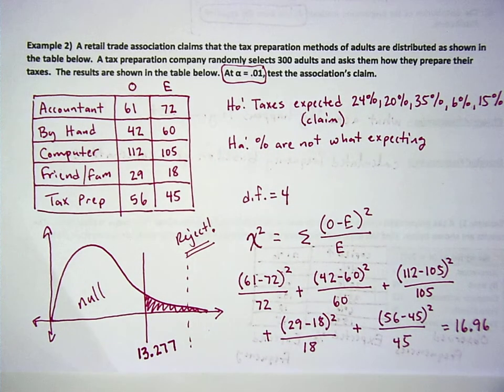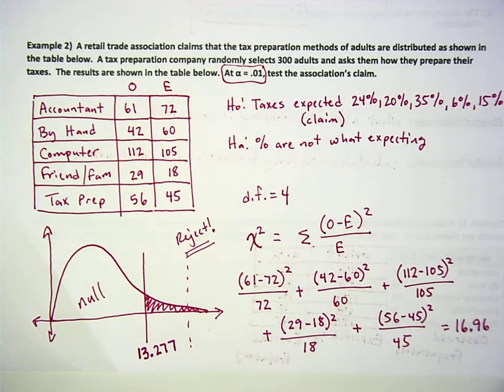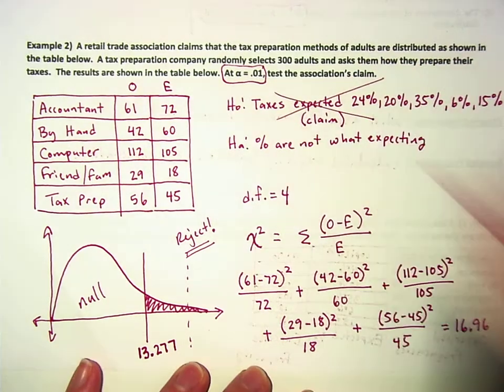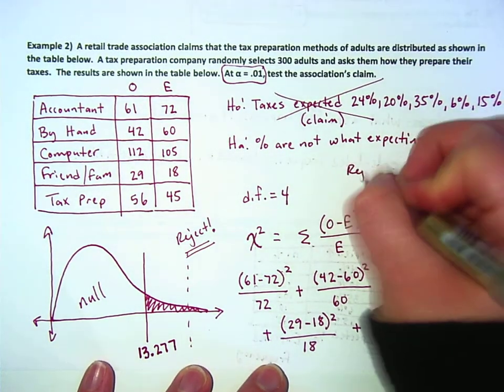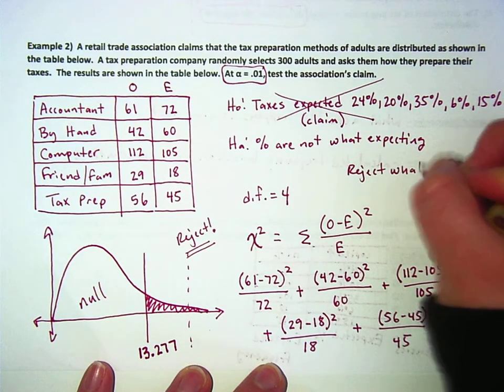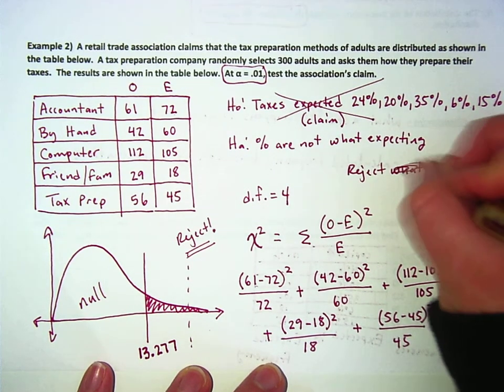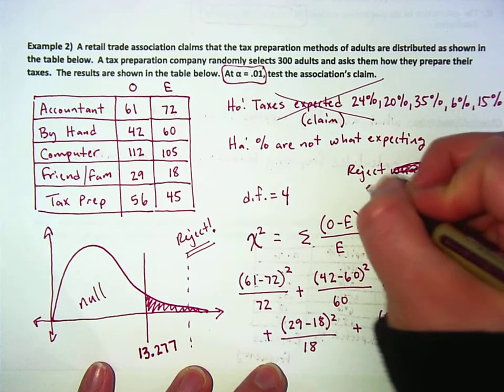Krista? Tanner? Okay. All right, so that's in the rejection region, so we're going to reject. So we're rejecting the null, which means that we're going to reject the percentages we expected to happen.